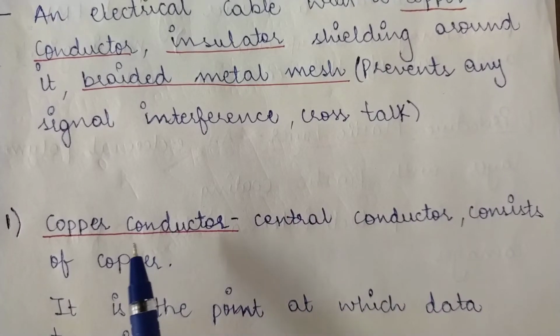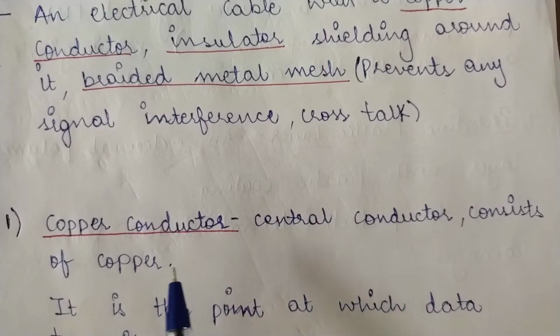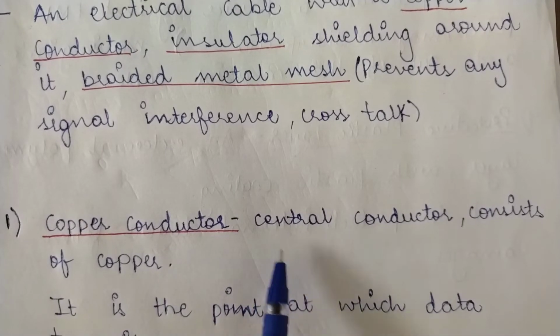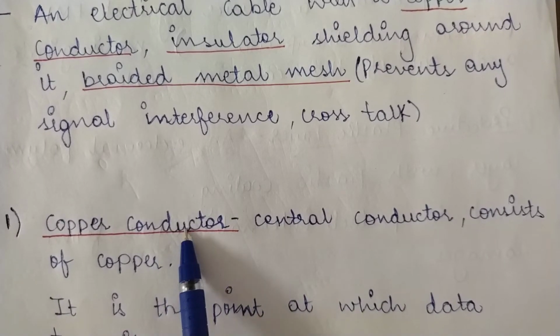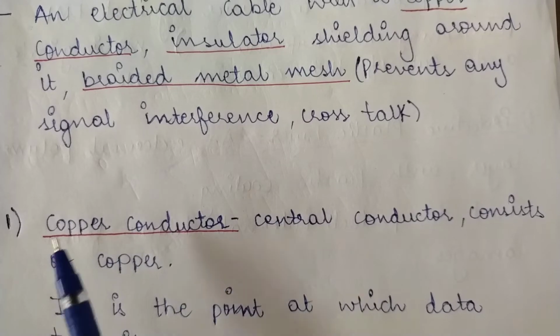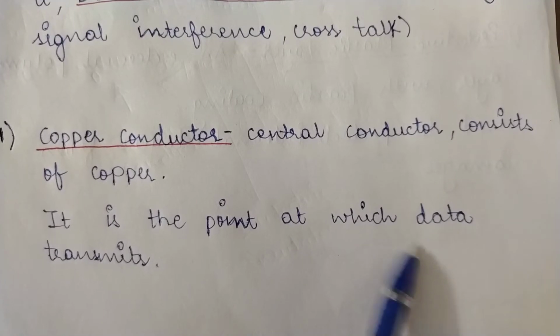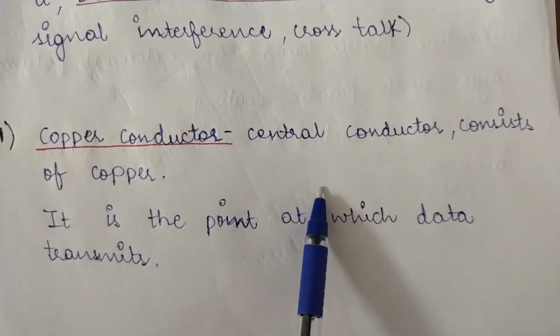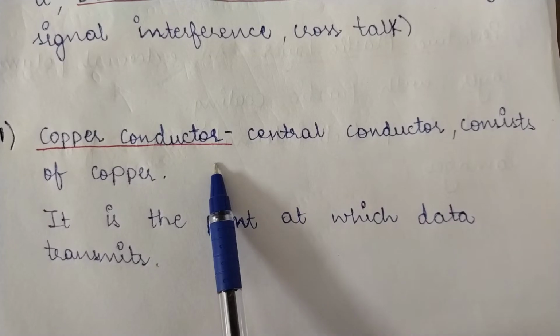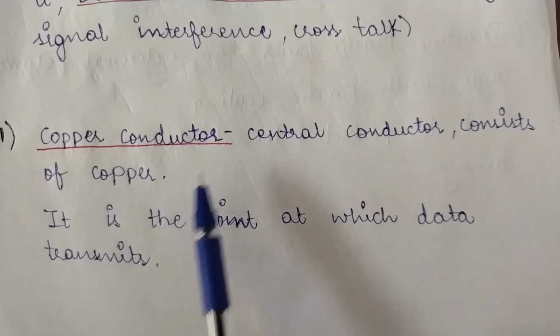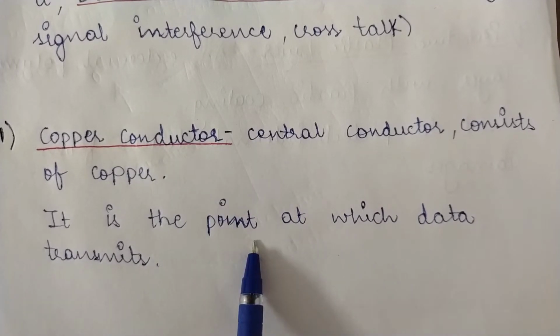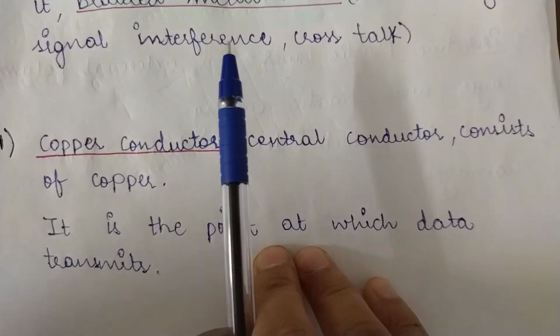That is why we also call it the copper conductor or the copper core. The reason being that this particular conductor which is transmitting your actual data is made up of copper, right? And it is the very point at which the data is transmitted. So all the layering or shielding that we have is to protect this particular conductor. It is the main point from which the data is being transmitted.